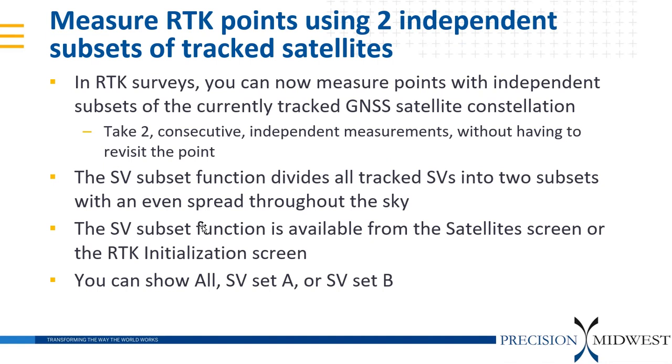The SV subset function divides all tracked SVs into 2 subsets with an even spread throughout the sky. The SV subset function is available from the satellite screen or the RTK initialization screen. You can show all SVs, set A or SVs set B.